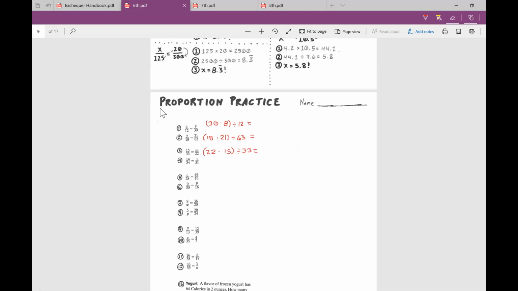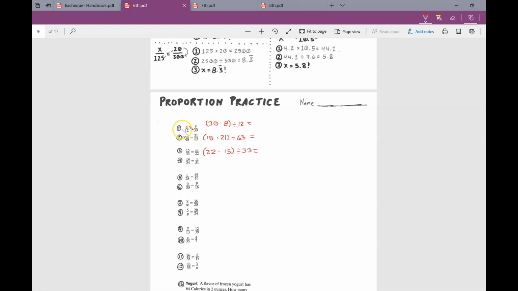As a reminder from our lessons on proportions, proportions are a set of two fractions set equal to each other. In our case, one entry of that proportion is going to be unknown. Our method for solving for that unknown value is to take the two numbers that are diagonal from each other.